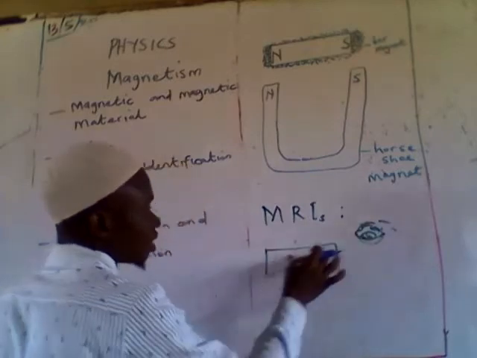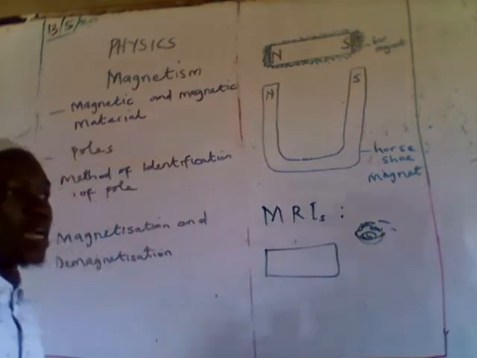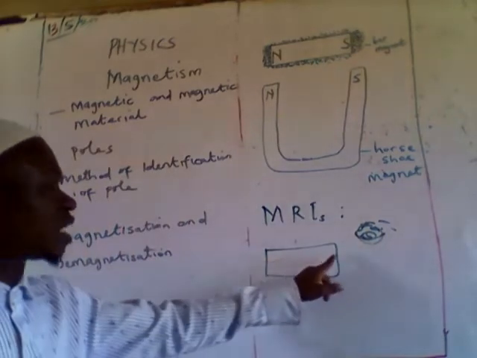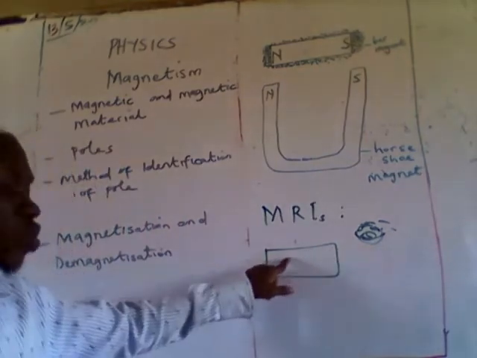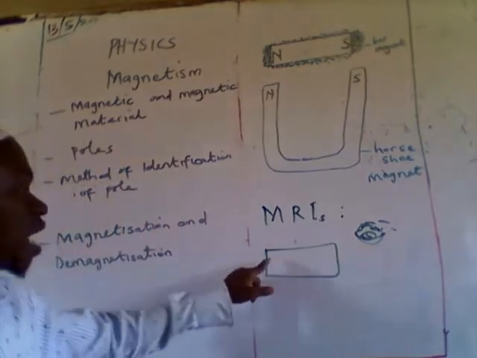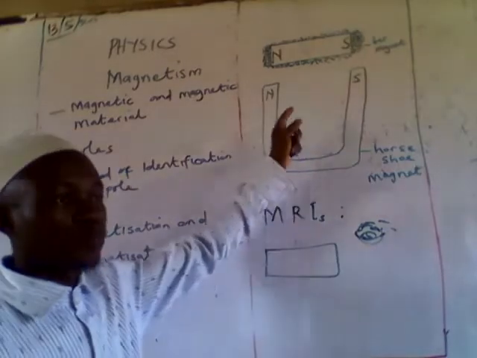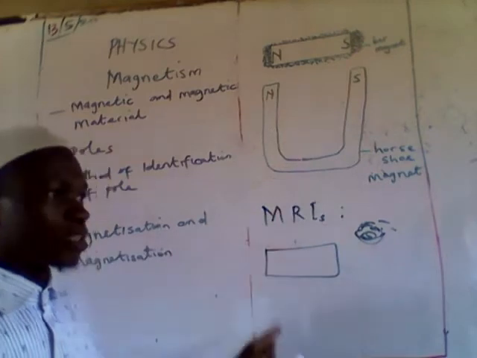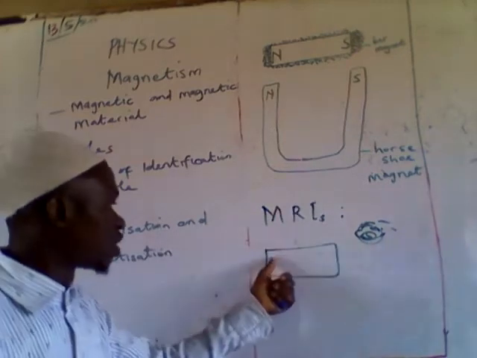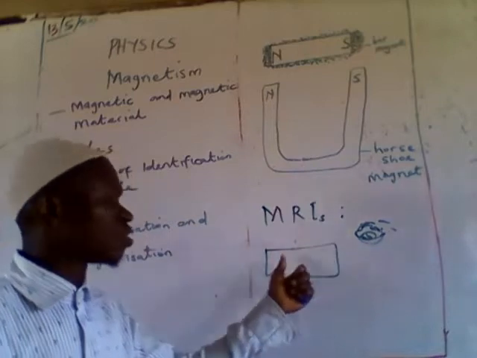As you put the bar magnet close to them, you will see that there are some points at the edge of that bar magnet where the iron filings are much attracted to the magnet. That point where you have much of the iron filings, we define as the pole. We have two poles, one at one side and the other at the other side. If this one is south, this one will be north. If this is north, this one will be south.